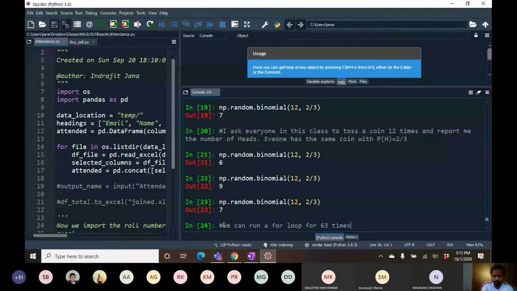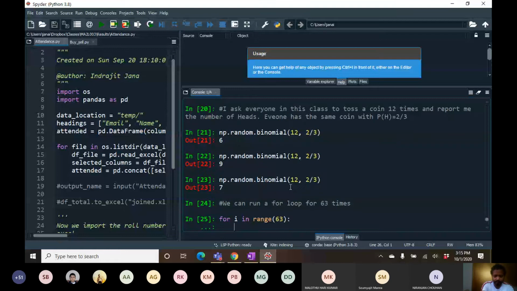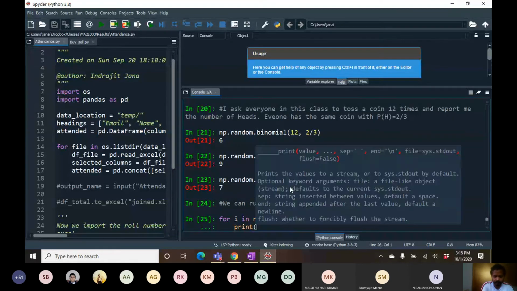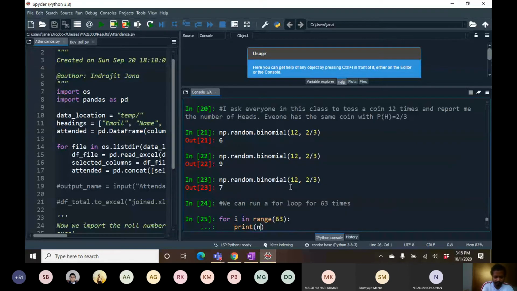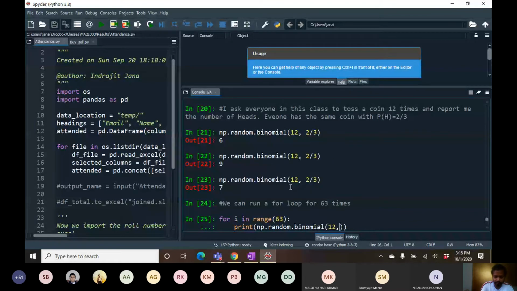There are many ways to initiate a for loop, so I'm just using 63, and I'm going to print by calling this function np.random.binomial with parameters 12 and 2/3.